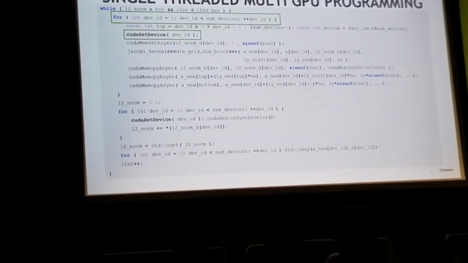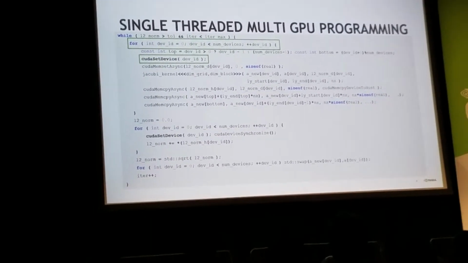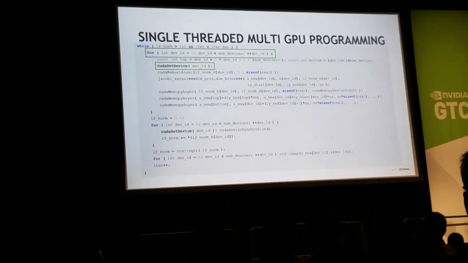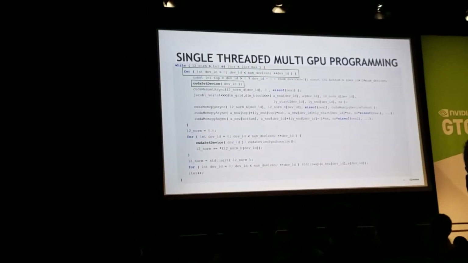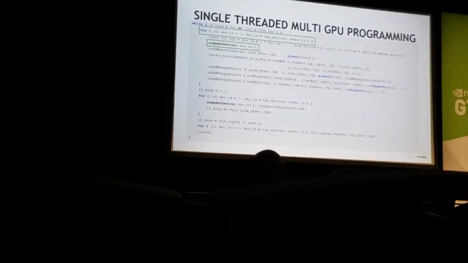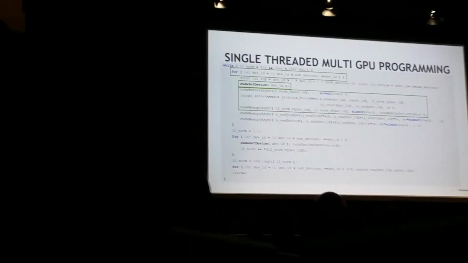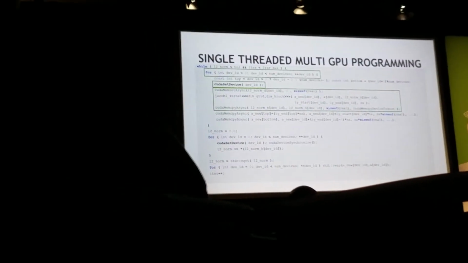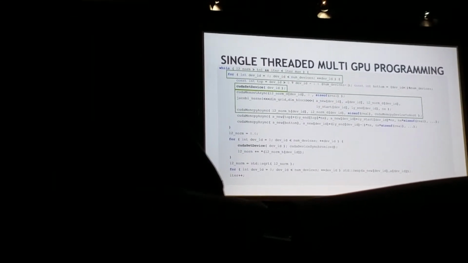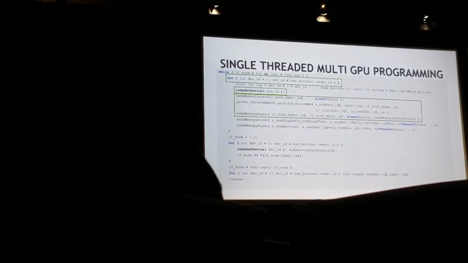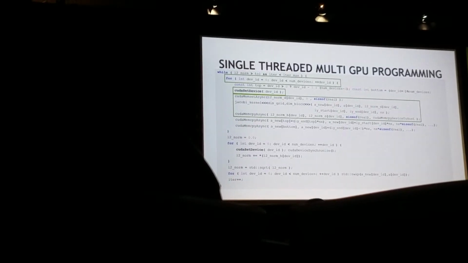Then we select the device which currently has its turn to issue the next instructions, and it does its local operations. It resets the L2 norm value, starts the local Jacobi kernel, and copies back the norm.